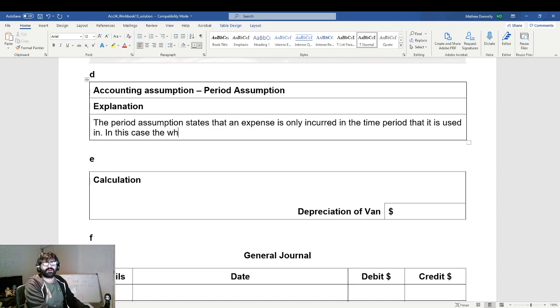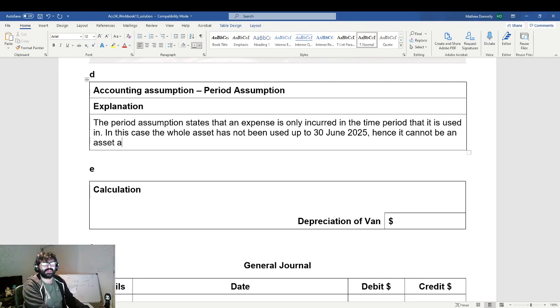In this case, the whole asset has not been used up to the 30th of June 2025. Hence, it is not an expense and must be treated as a non-current asset, as the asset is used more over time.